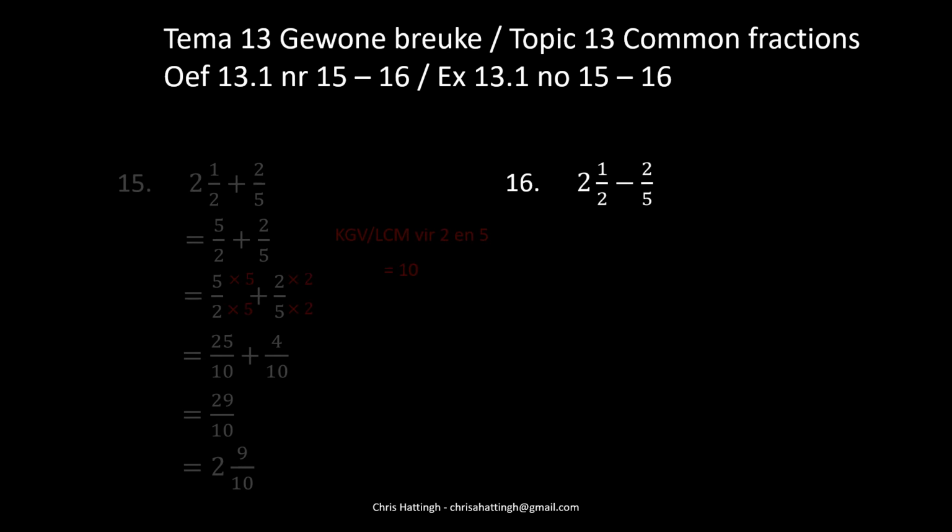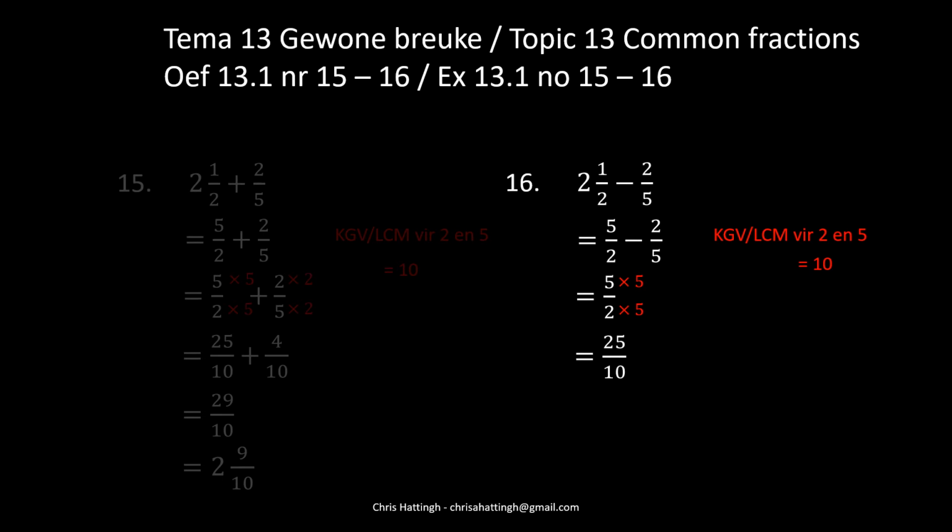Number 16, get rid of the mixed numbers. So that will be 5/2 minus 2/5. You need to get the same denominator. So you know that it is 10. So you're going to multiply the 2 by 5. So you're going to multiply the 5 by 5.